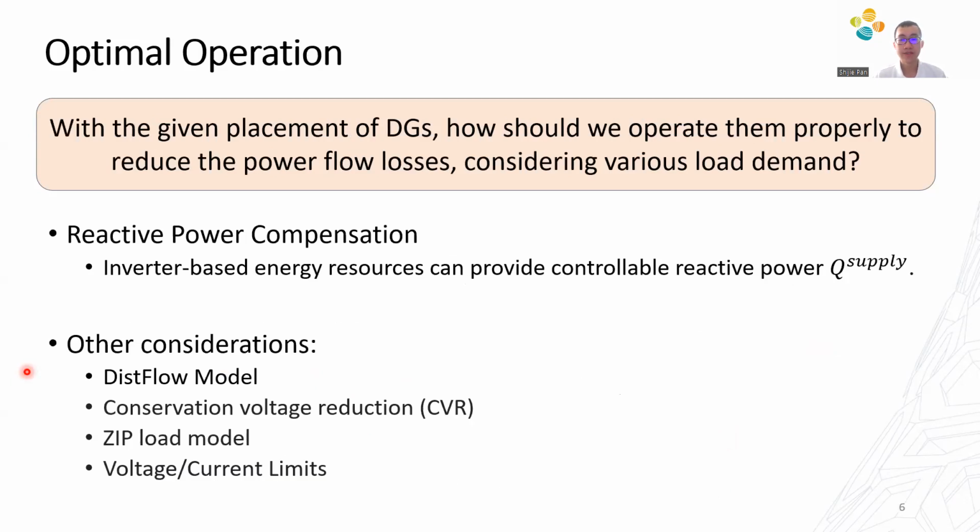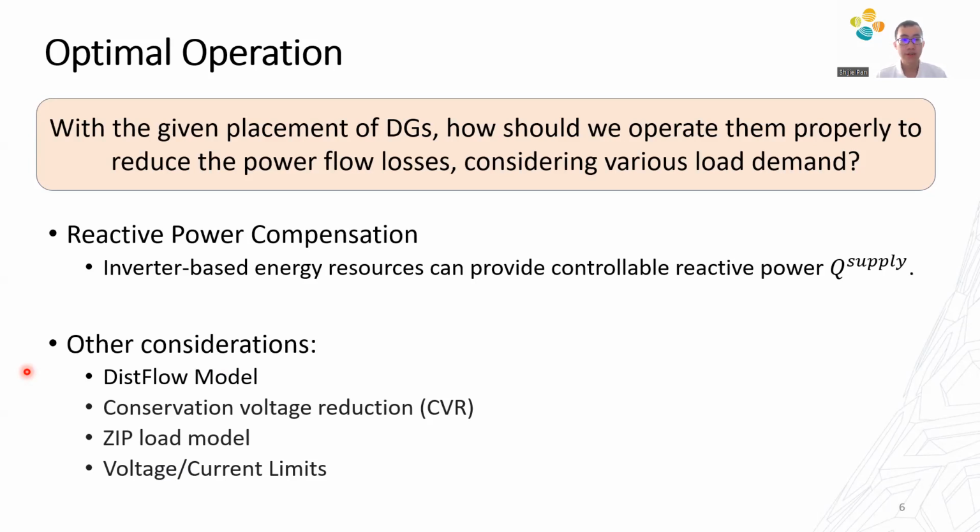Then our next research question is, after we have the optimal placement of DGs, how should we operate them in proper ways to reduce the power flow losses further, considering various load demands in the system? Nowadays, we have inverter-based energy resources that can provide controllable reactive power.